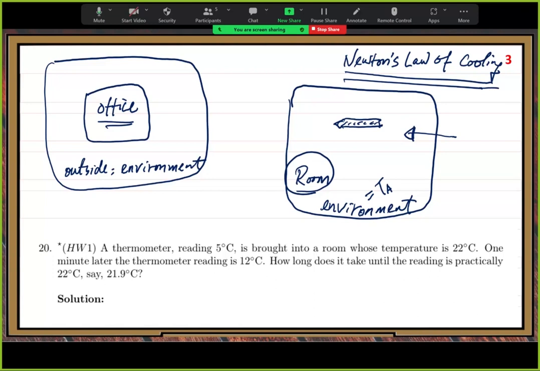The thermometer is initially 5 degrees, then going up to 12 degrees, and finally 21.9 degrees, close to room temperature. So here we can say we actually modify the original Newton's law of cooling into Newton's law of heating, because you heat up the thermometer.